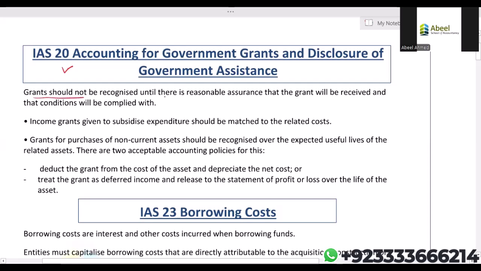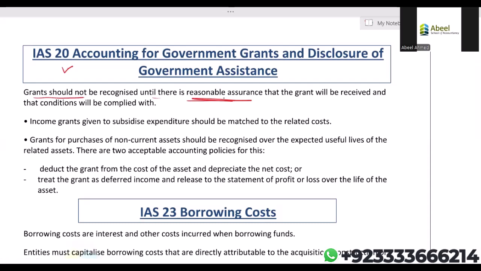Grants should not be recognized until there is reasonable assurance. Now, stop here. When we say reasonable assurance, IAS will not tell you its exact meaning. It's just professional judgment.